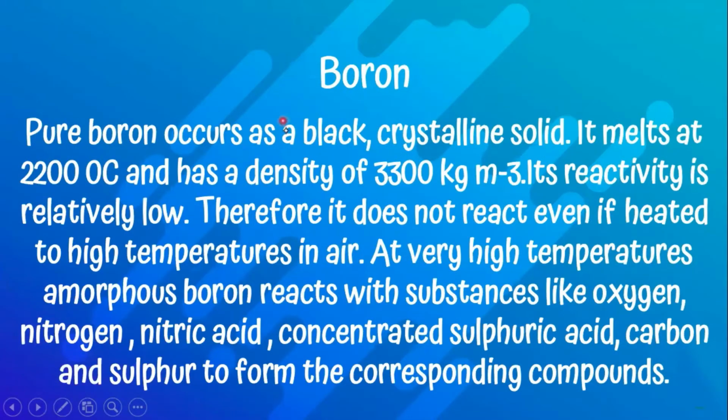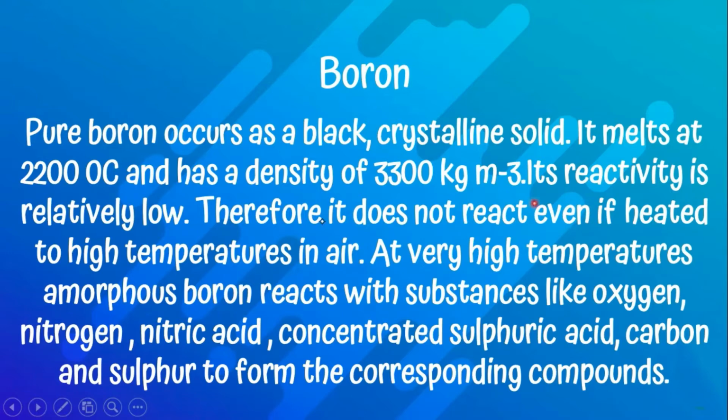Boron. Pure boron occurs as a black crystalline solid. It melts at 2200 Celsius degrees and has a high density of 3300 kilograms per cubic meter. Its reactivity is relatively low, therefore it does not react even if heated to high temperatures in air.